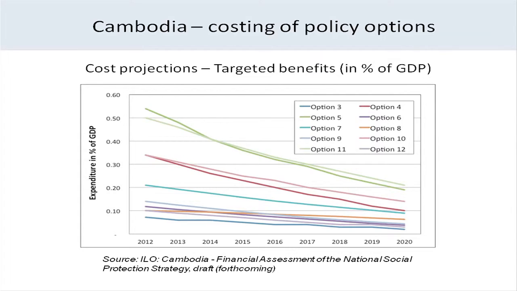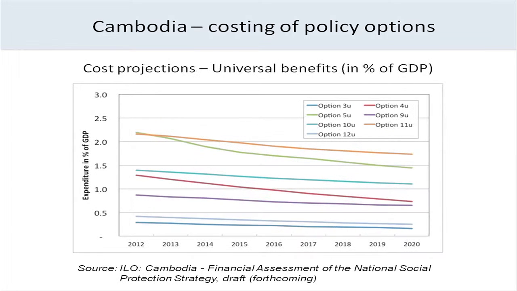So here in this chart, you can see the other scenarios. First, the targeted ones, so targeting the poor. And we can see the cost is already much lower, because here we're talking about targeted benefits. And then the last sheet here is the universal benefits. Now, the highest cost is for the pensions.